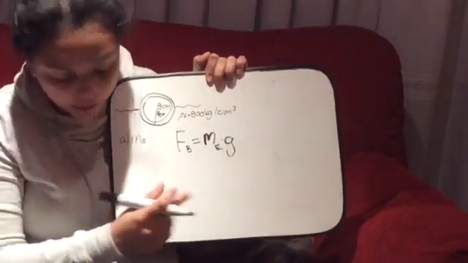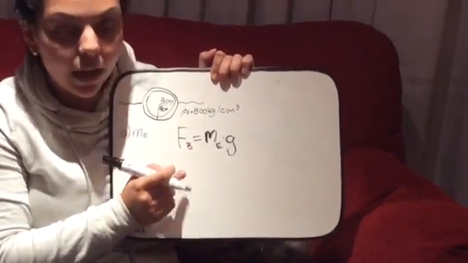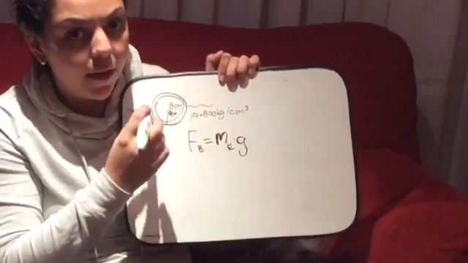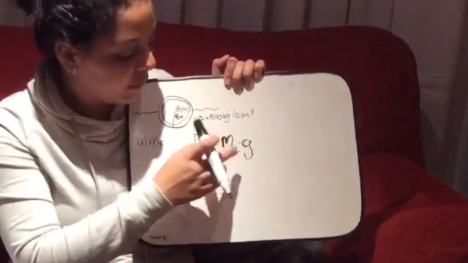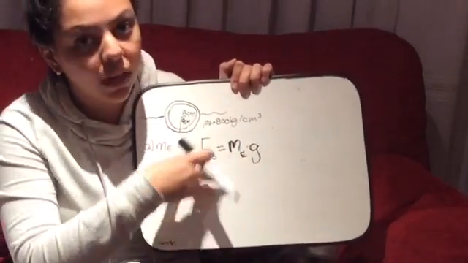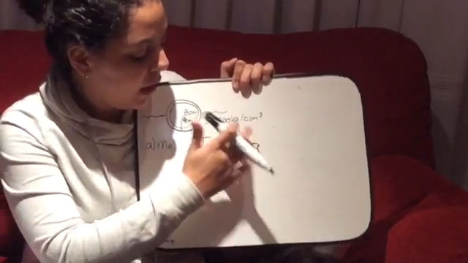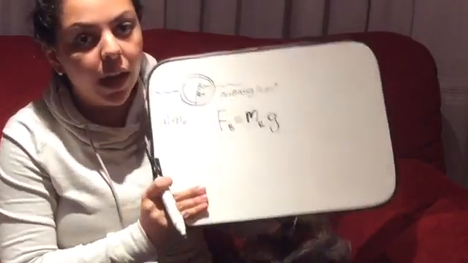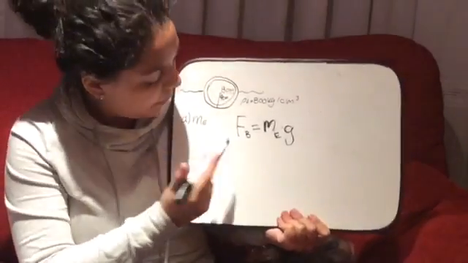And we know that this buoyant force can be obtained also as the density of the fluid times the volume of the fluid displaced times gravity. So we're going to use that to calculate the buoyant force, and then we are going to take out the mass of the sphere, and that is going to give us a result.